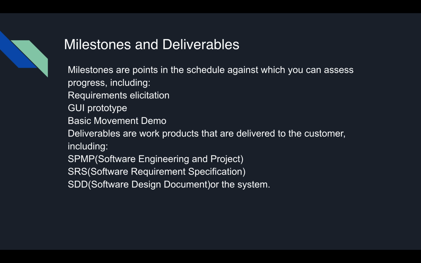Milestones are points in the schedule against which we can assess progress, including requirements elicitation, GUI prototype, basic movement demo, and so on. And the deliverables are work products that are delivered to the customer, including SPMP, software engineering and project management plan, SRS, software requirement specification, and SDD, software design document for the system.